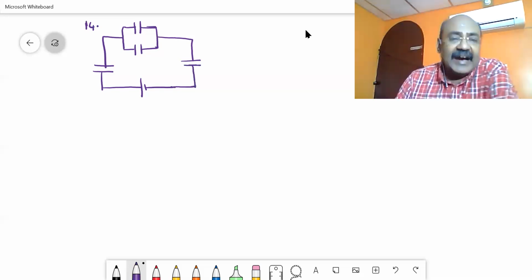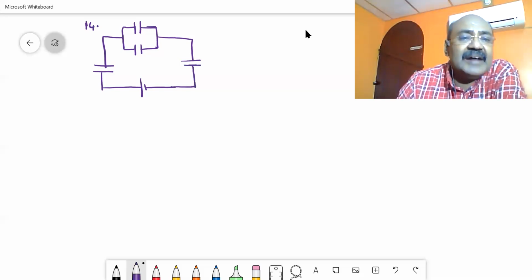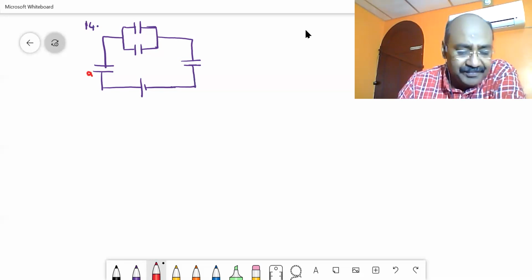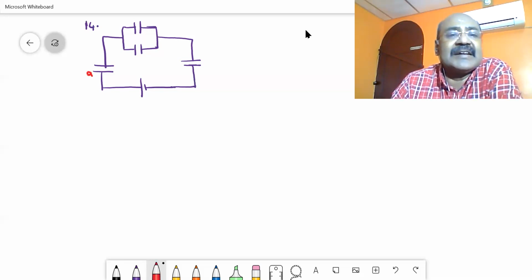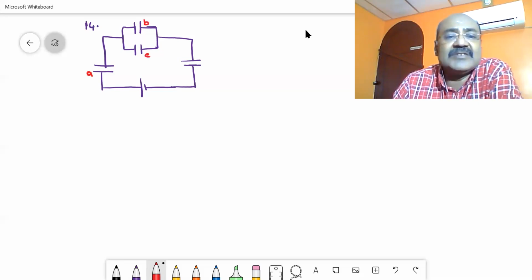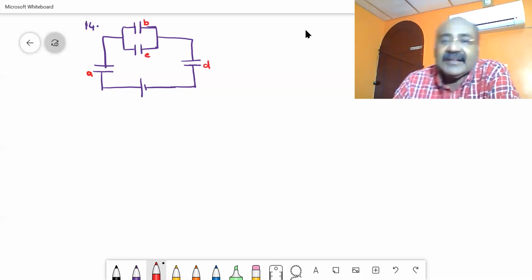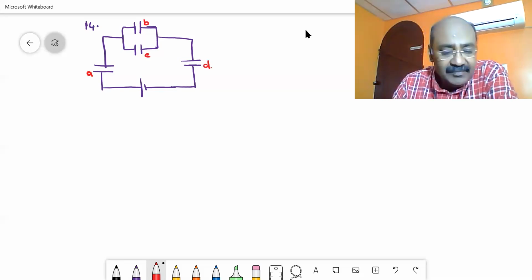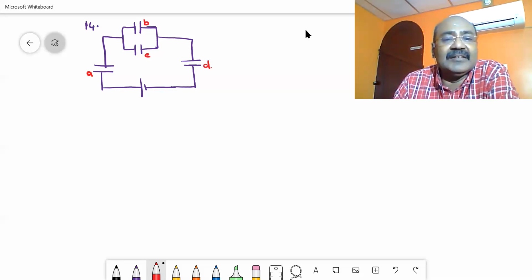They have named the capacitors as this capacitor A, this capacitor B, this one as C, and this one as D. The values are also given. The battery is having the potential of 9 volt.